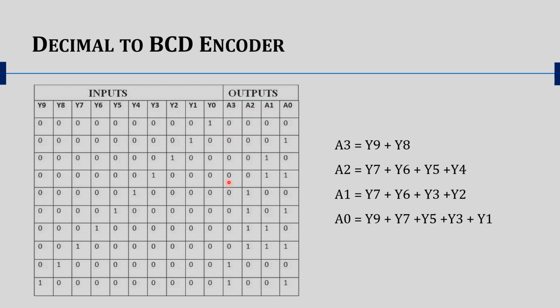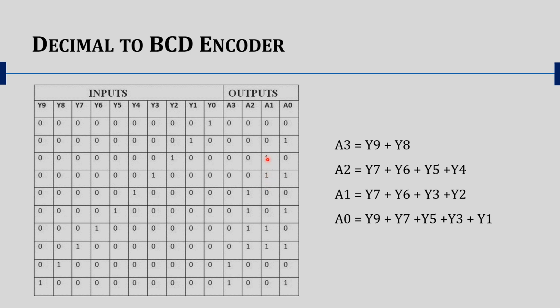A3 is active high only for two combinations, when y8 is equal to 1 and when y9 is equal to 1, right? So A3 is equal to y8 plus y9. Fine. Similarly, A2 is equal to y4 plus y5 plus y6 plus y7.